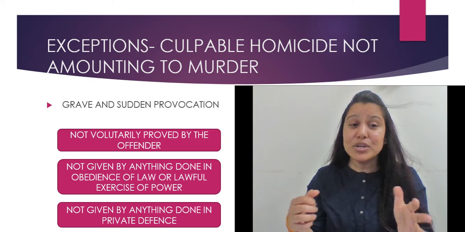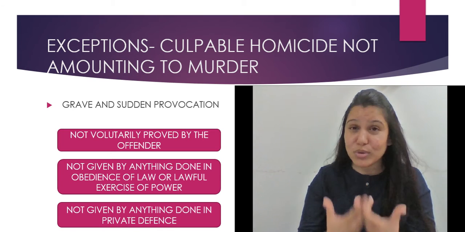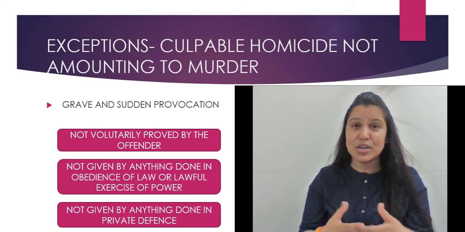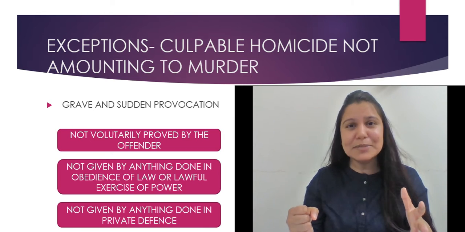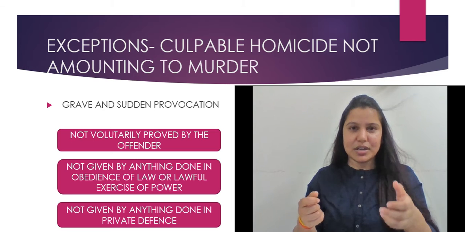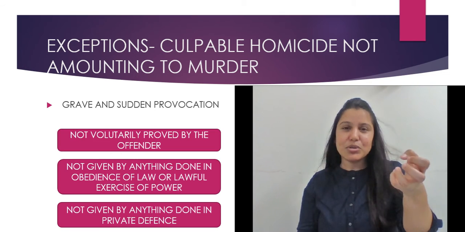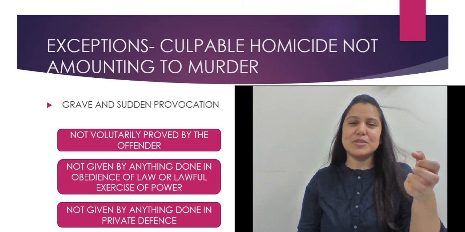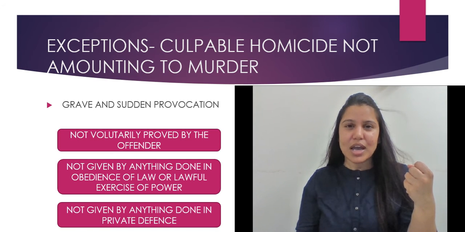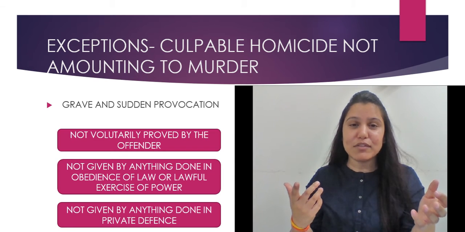The second point: not given by anything done in obedience of law or lawful exercise. So if a policeman gets hold of a criminal, and just takes hold of the leg or hand and gets the collar of the criminal, and then the criminal says, I was provoked, how could somebody catch my collar like that, and then he kills the police officer.